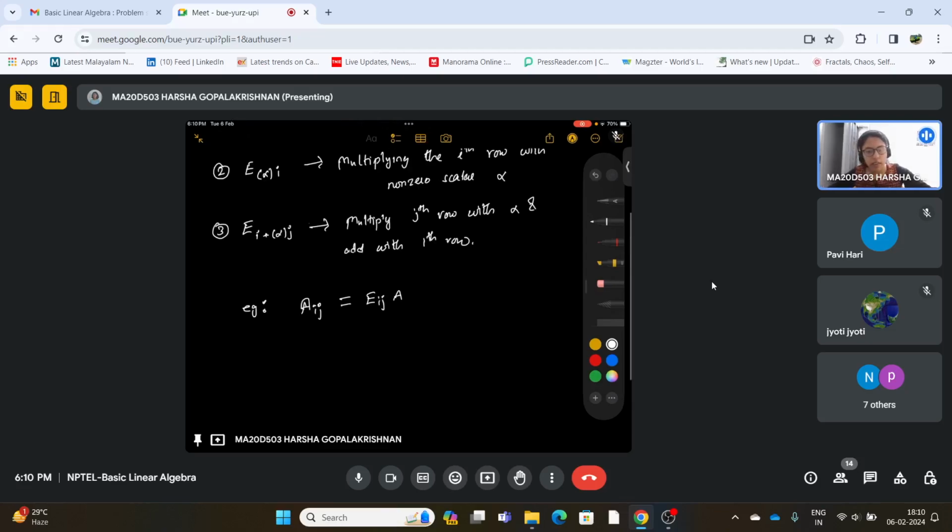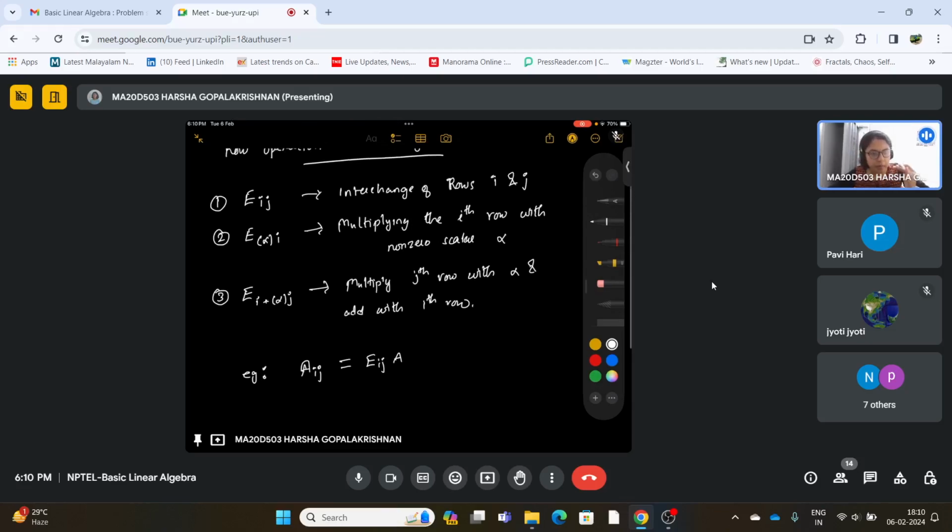And whatever matrices we obtain from the identity matrix using these three operations are called elementary matrices.